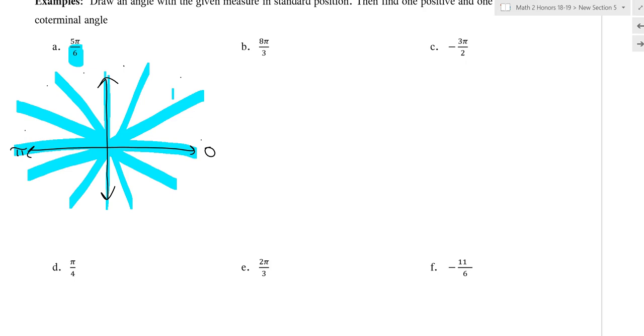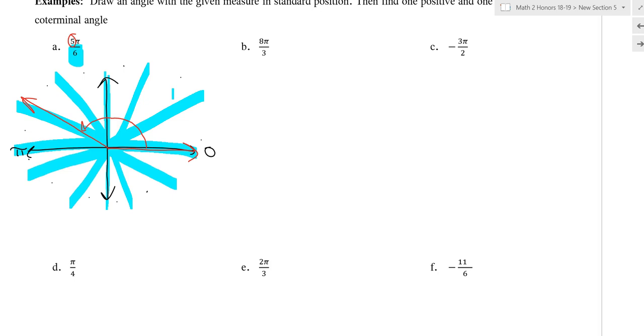And then same thing, right? I have 1, 2, 3, 4, 5, 6 sections. So this is my 0. Now I want to go 5 of those sections. So I count 1, 2, 3, 4, 5. That spoke is where that 5 pi over 6 is going to be.